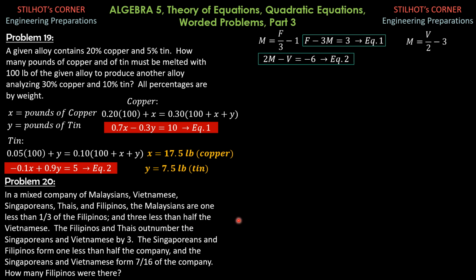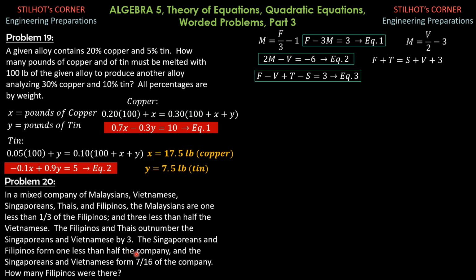That should be the equation. Simplifying this equation, we have F minus V plus T minus S equals 3. Call that equation 3.